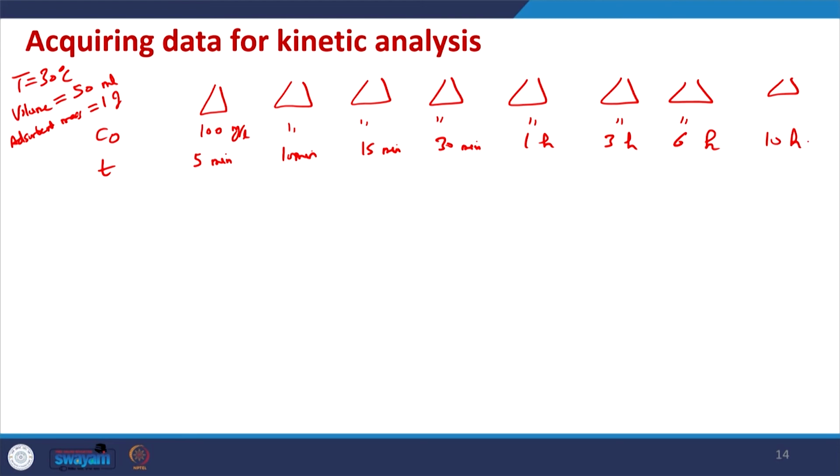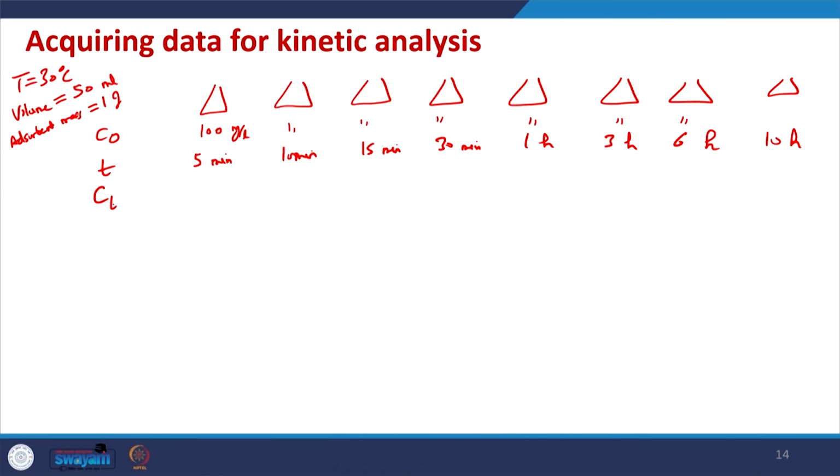We keep shaking these beakers for this duration, and after that we take out the beaker and separate the adsorbent via centrifugation or otherwise, and the supernatant we analyze for residual concentration. So, we find the concentration CT after this much time, and these values are noted down.